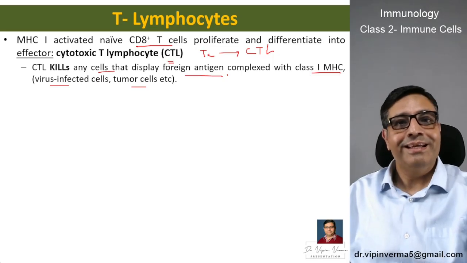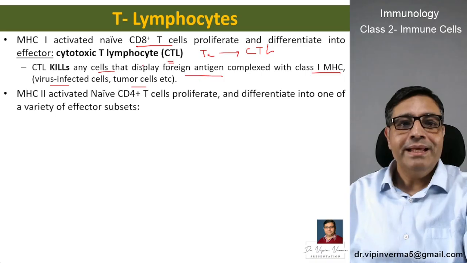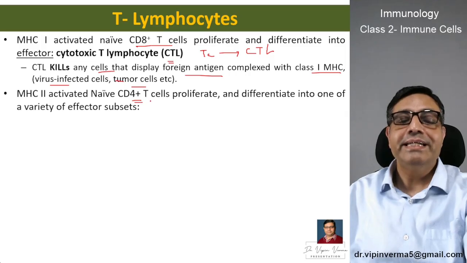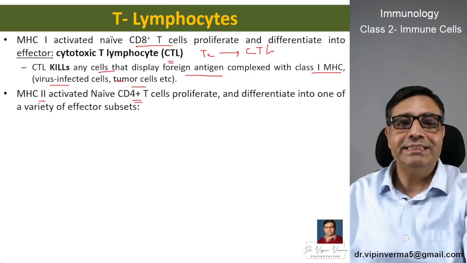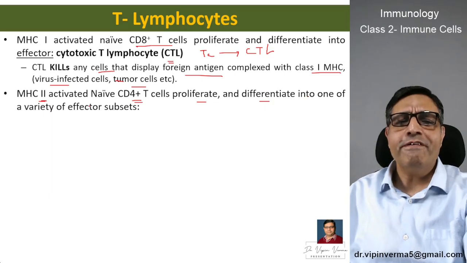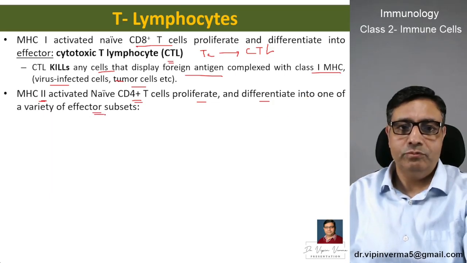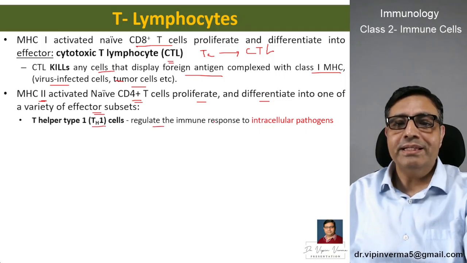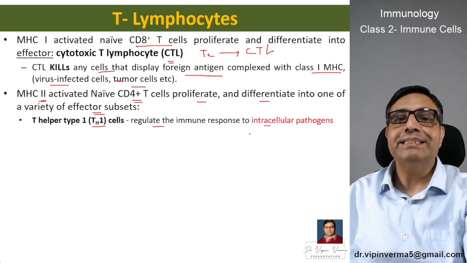They simply kill it. Fine. Now, MHC2 activated naive CD4 T cells, because these are the T helper cells and they recognize MHC2 class molecules, when they get activated, they proliferate and differentiate into one of a variety of effector subsets. We have T helper type 1, which we call Th1 cells. They regulate the immune response to intracellular pathogens.